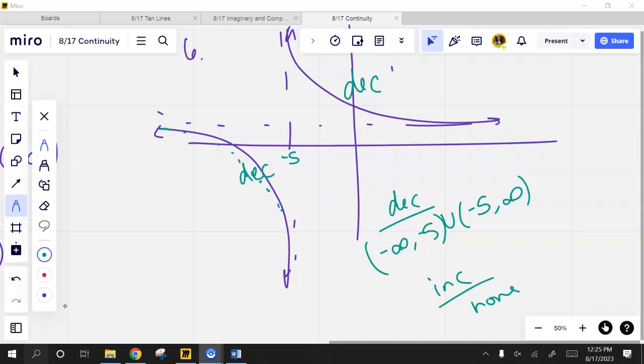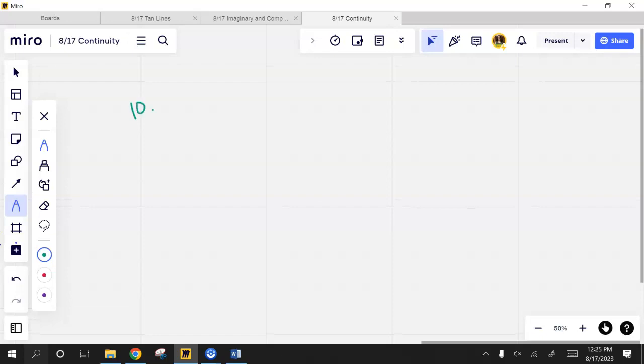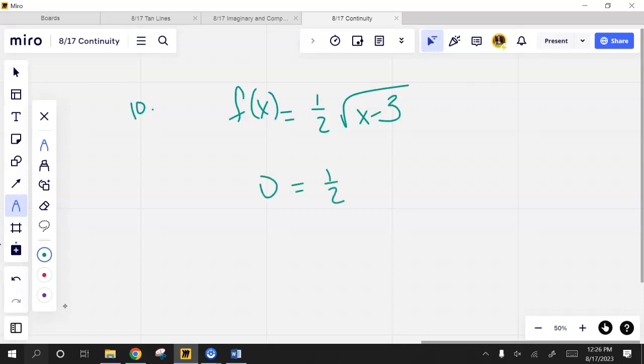Ten on find the zeros and y-intercepts, and also 9 on that one. All right, let's do the zeros first. Zeros are set equal to 0 and solve. So multiply both sides by 2. 0 equals the square root of x minus 3.